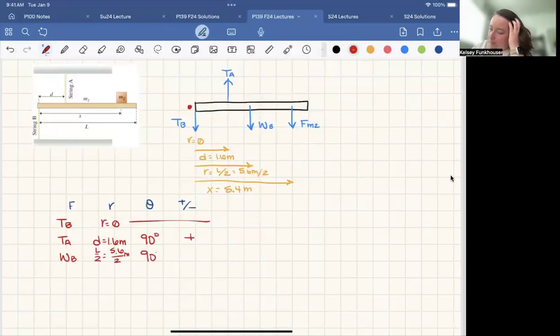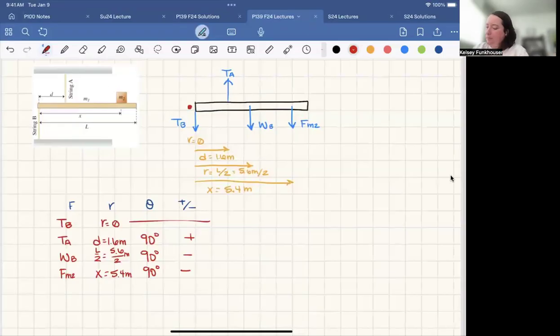And also 90. This one would cause clockwise rotations, so that's negative. And then we have the force of mass 2. And that is x away, so 5.4 meters. 90 degrees still, and that one is also going to be negative.